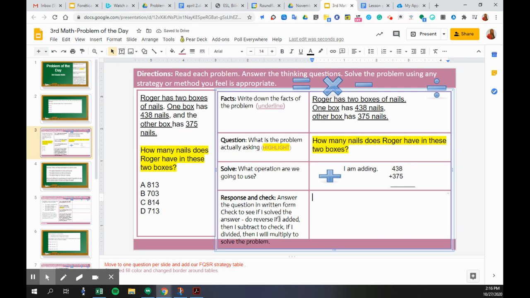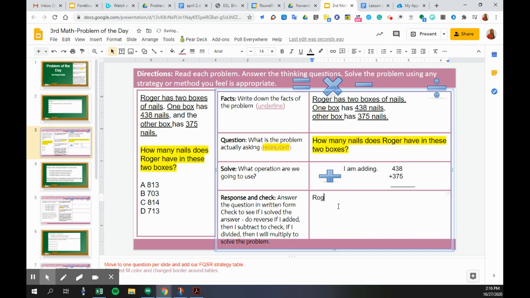Okay, so now answer the question in written form. So I'm going to add 8 plus 5 is 13. So I will write a 3, carry the 1, 7 plus 3, and then they just solve it and show you that they solved it. They can check it with the reverse operation if they needed to. So if they're adding, they would check with subtraction, but just check for reasonableness. And they would write their answer right here to complete the sentence.